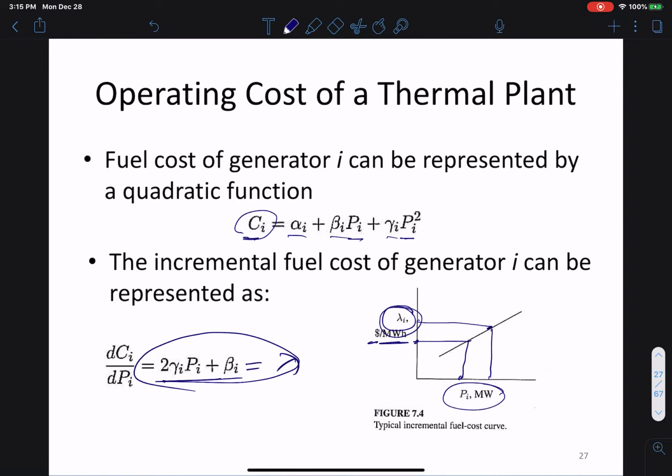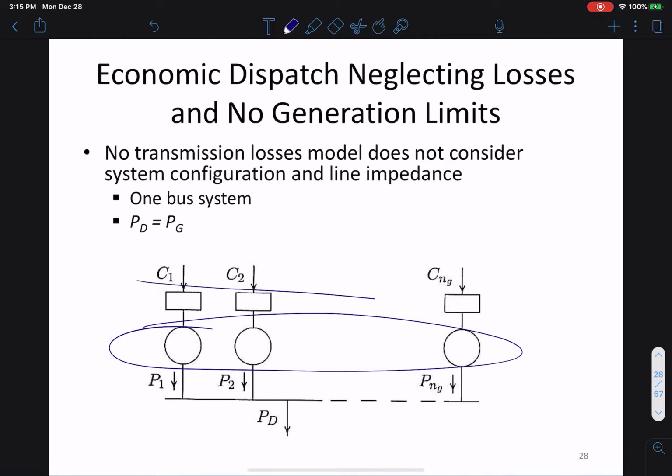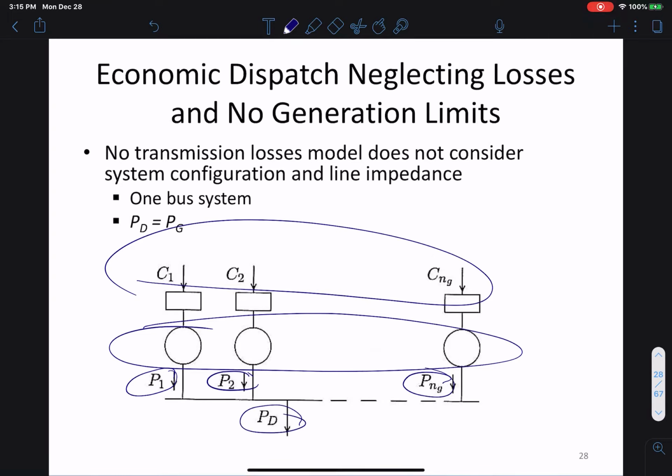Okay, so let's put it together with the optimization technique. Let's say you have multiple power plants, and each of them has its own cost function and its own output, and you're trying to satisfy a demand.